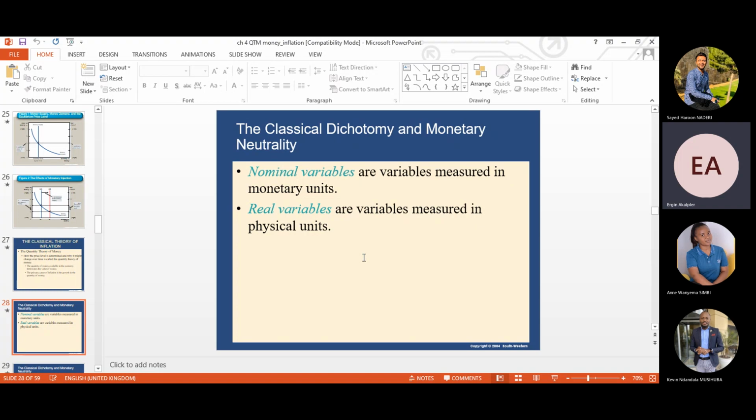And real variables are based on, let's say, a base year. You are going to compare the values of the variables and the value of any currency with, let's say, 2020, to be able to determine its purchasing power parity.